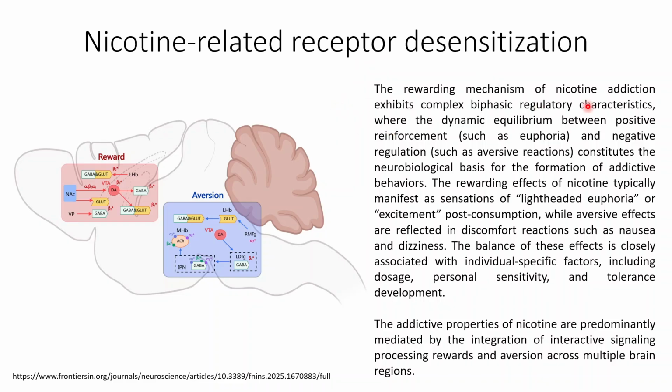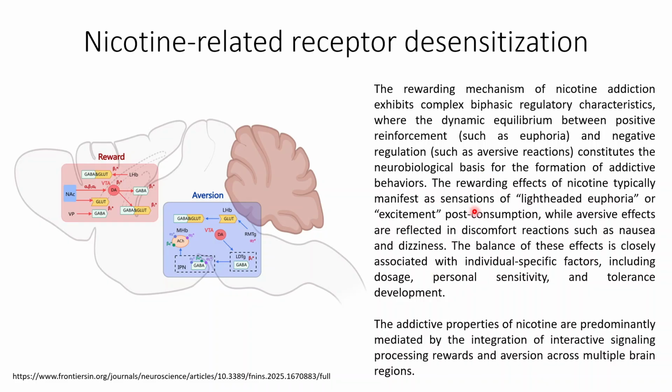So the rewarding mechanism that nicotine addiction exhibits has some interesting characteristics. So you have positive reinforcement. If somebody is taking in nicotine, then they feel euphoric, or they feel happy or joyous. But then there's negative reinforcement, meaning if you don't have it, you can have aversive reactions, like you feel sick or dizzy, nauseous.